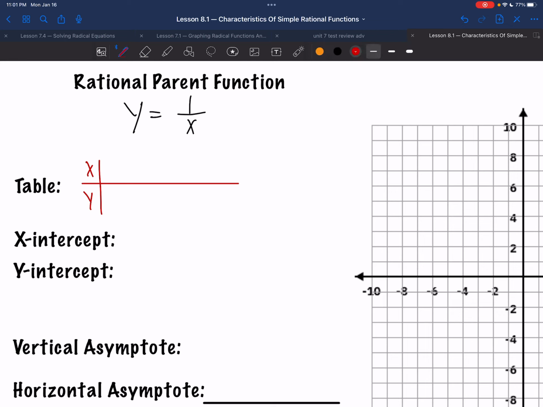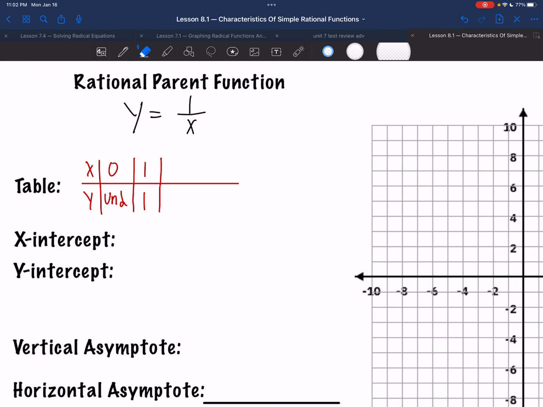In math, we call that undefined. So I'm gonna leave that as undefined because I can't divide by 0. Now I could divide by 1, and 1 divided by 1 is 1. And I could divide by 2, so I said 1 over 2. Well, that's just 1/2, right?